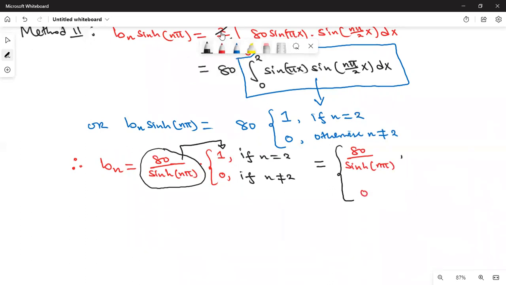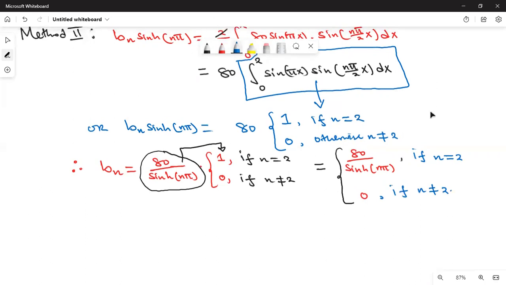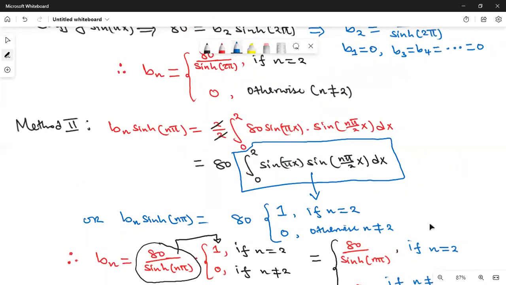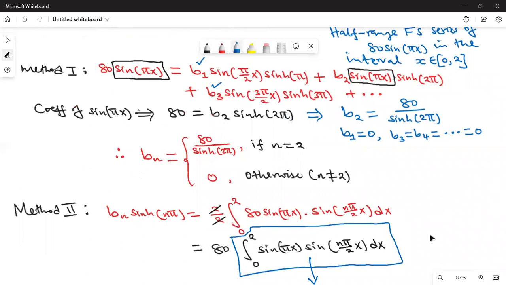So this is if n is equals to 2, and this other one if n is not equal to 2. You see, we have found the same thing as in method 1. The method 1 seems to be easier. We're just comparing the coefficients.